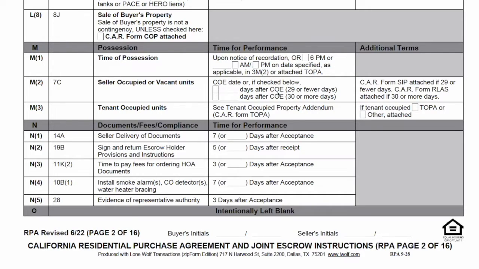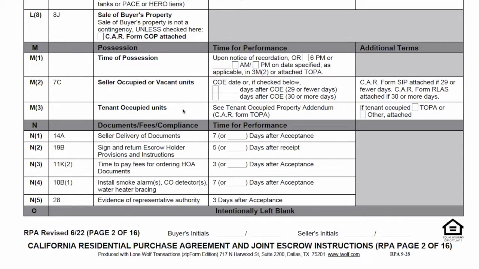If the answer is yes, and it's going to be 29 days or fewer, you're going to check this box and you're going to attach a SIP form, or a SIP as I like to call it. And if the seller is going to be in longer than that, 30 days or more, you're going to do an RLAS, which stands for residential lease after sale. But basically, you need one of these forms done if the seller is staying in possession. That's what this is about right here.